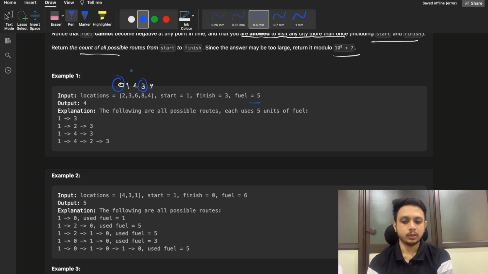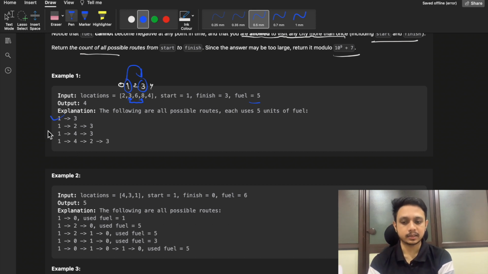The start city is 1, and the finish city is 3. One possible route is to travel directly from city 1 to city 3, and that costs 8 minus 3, which is 5. That is the fuel you have, so this is one possible answer.